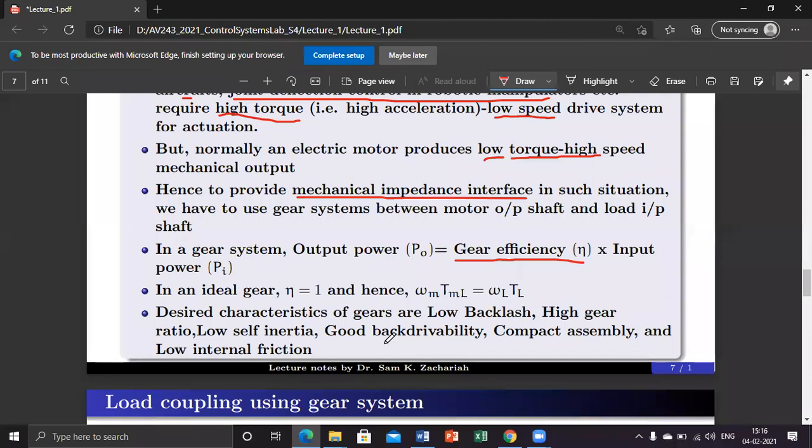I will come to that. Desired characteristics of gears are low backlash, high gear ratio, low self inertia, good back drivability, compact assembly, and low internal friction.